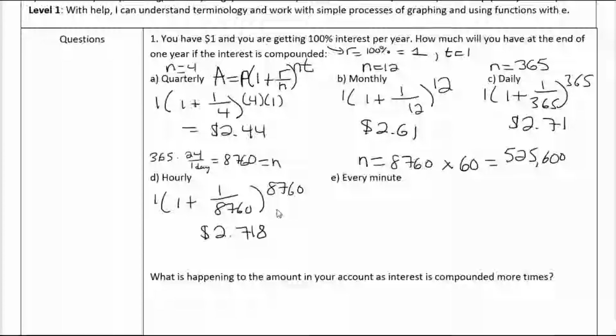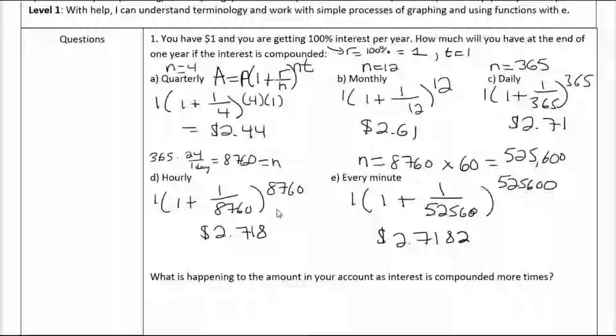And then if you were to do every minute, then in that case you get $2.71, 8/10 of a penny, and 2/100ths of a penny.